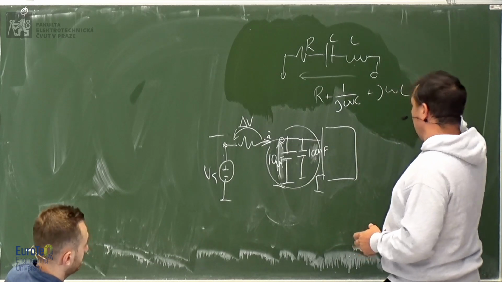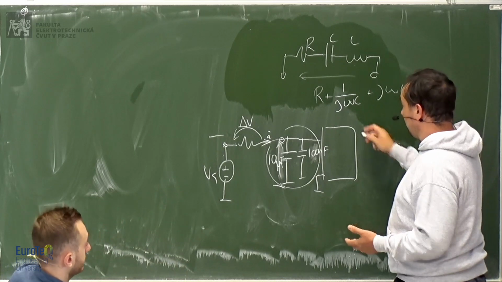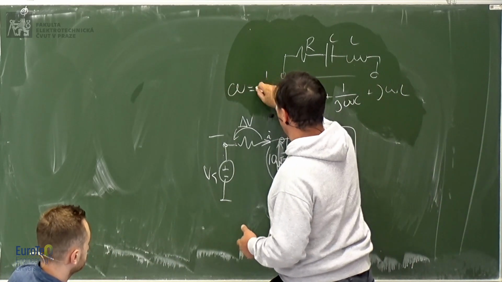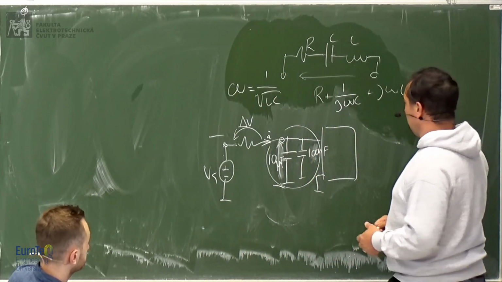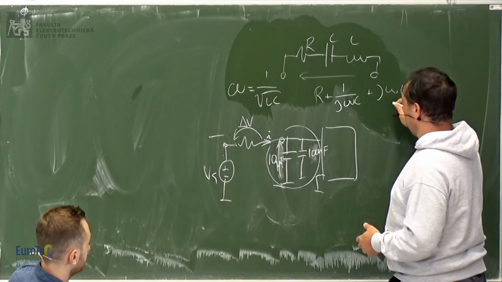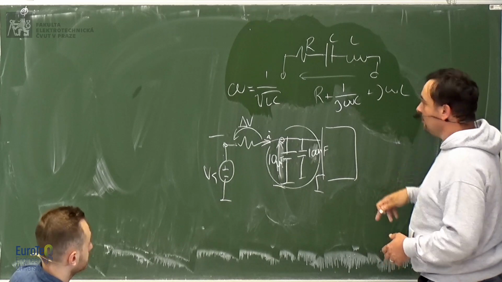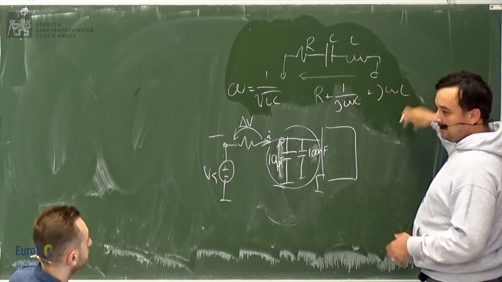So when these frequencies match, it's going to be a purely resistive component. So when omega is 1 over square root of LC, correct? Because you have omega C. You just have to put these two parts equal, then you solve the equation.